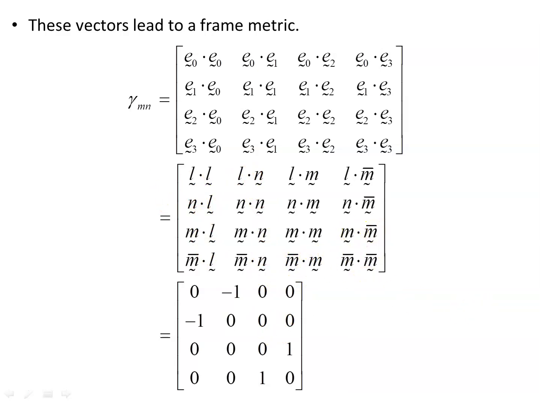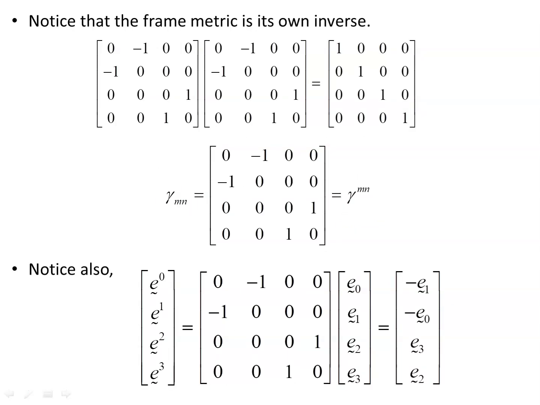All the others are 0. Now notice that the frame metric is its own inverse, because if you multiply it with itself, you get the identity matrix. And so gamma mn, both indices lower, is this, and gamma mn with both indices raised is this. It's its own inverse.